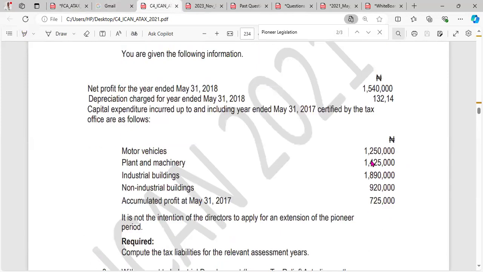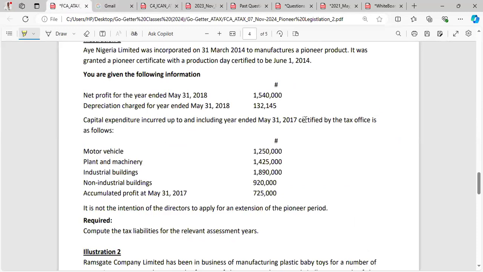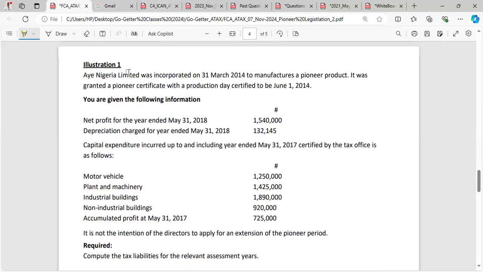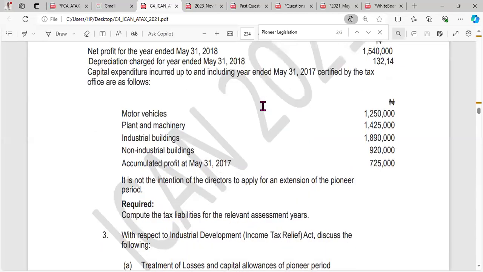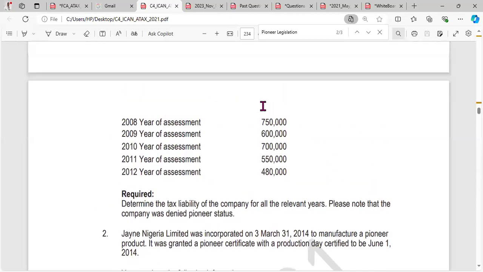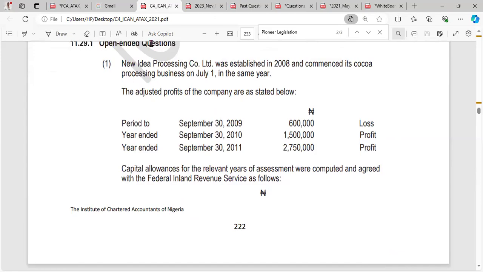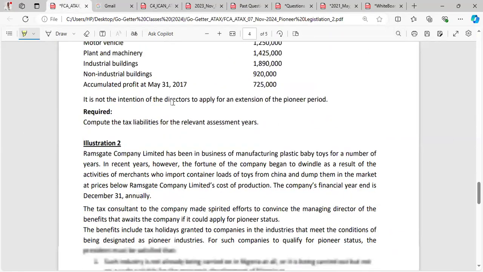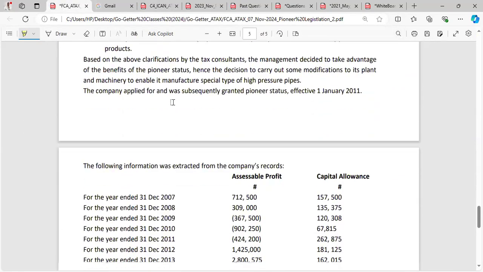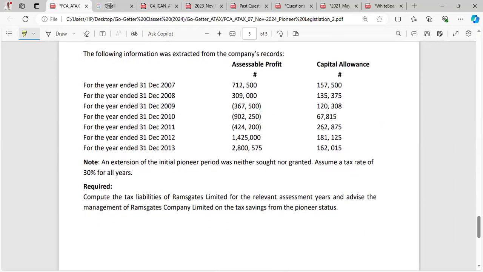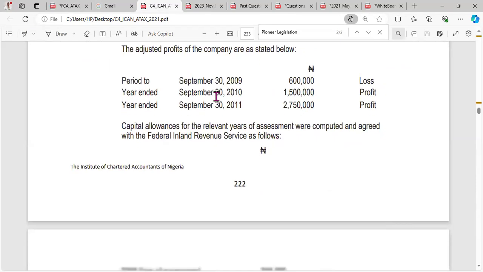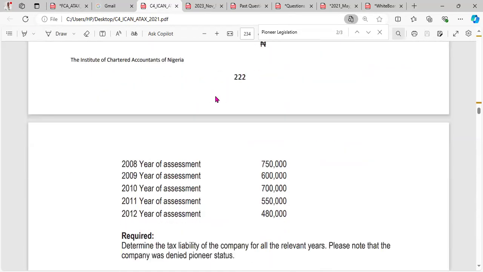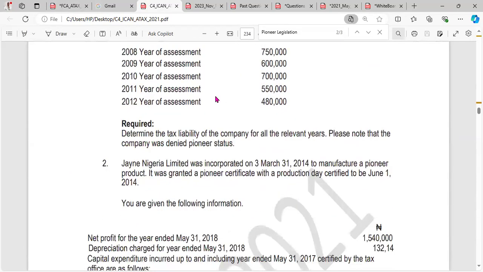Okay, this is exactly the same here. This and this are the same. So this is question 2 in your study pack. Question 1 here, they are also being solved here at the study pack.